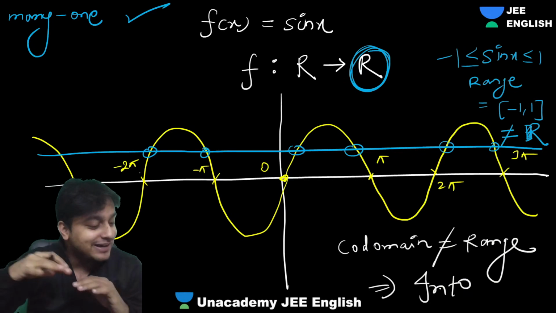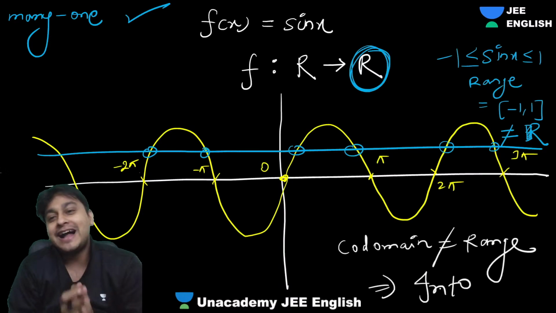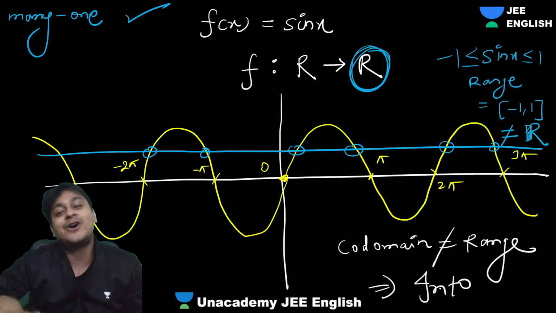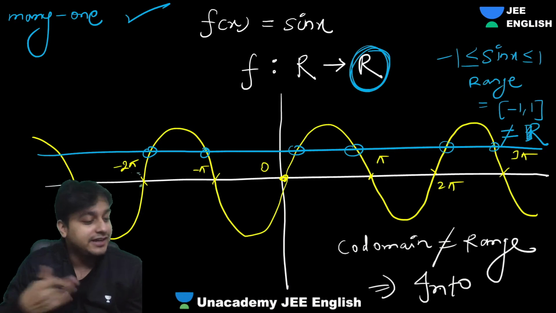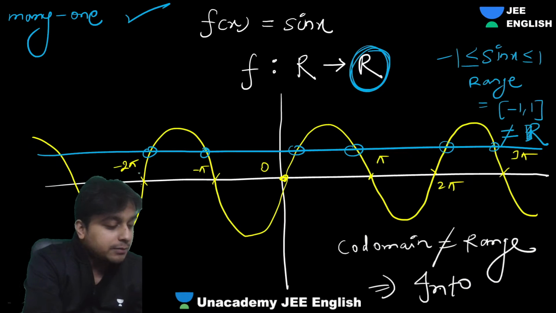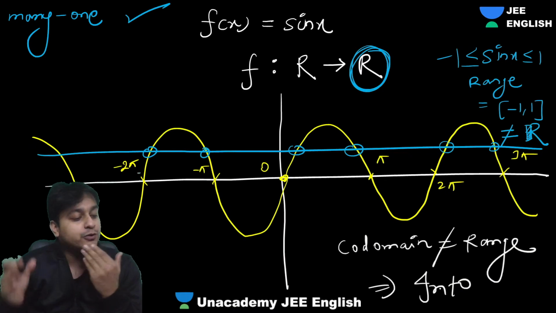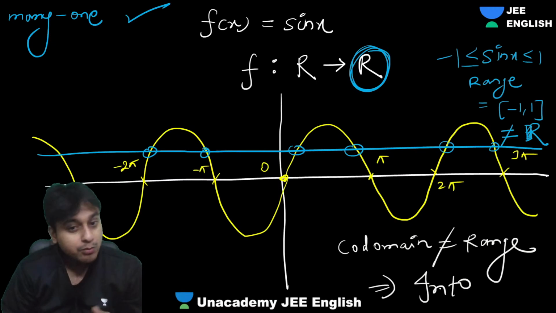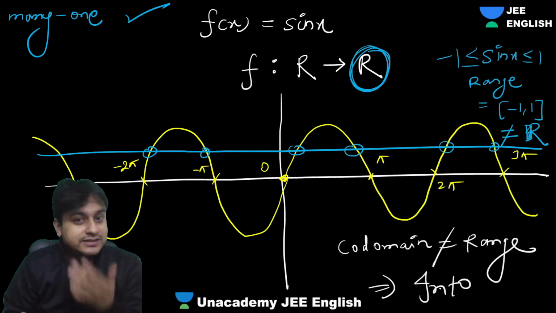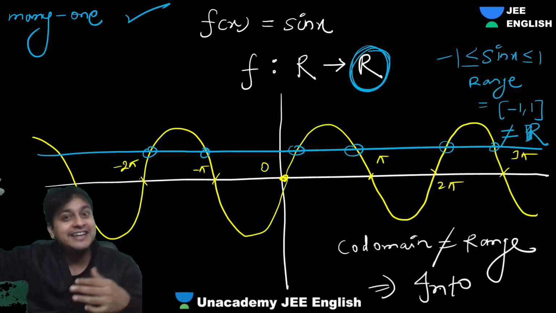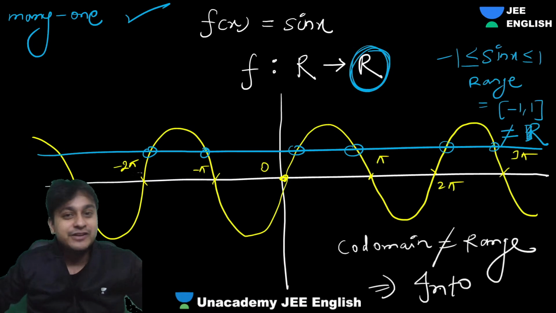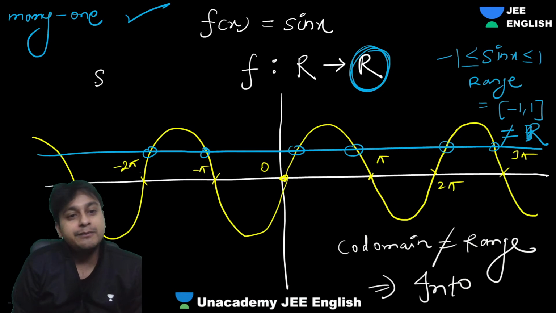So guys, at the moment everything is bad about it. It's not 1-1, it's not onto, it's many-one, and it's into. Everything is wrong about this function right now. So we have to make it 1-1, and moreover we have to make it onto, isn't it? Then only we can find sine inverse x. Our major aim is to find sine inverse x.